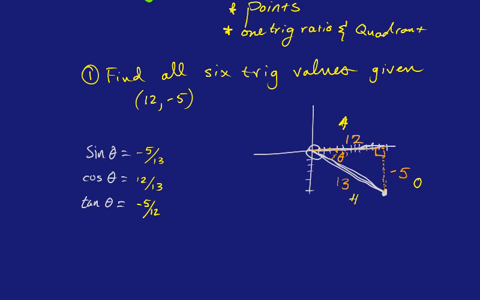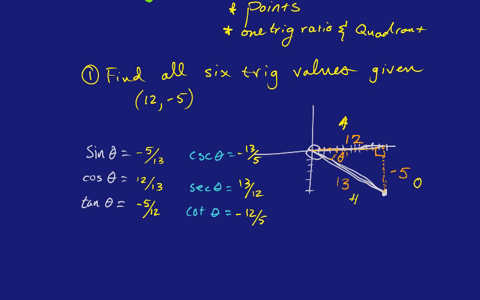Now you're going to go from there and do cosecant, secant, and cotangent. Then flip it: -13 over 5, 13 over 12, and -12 over 5.